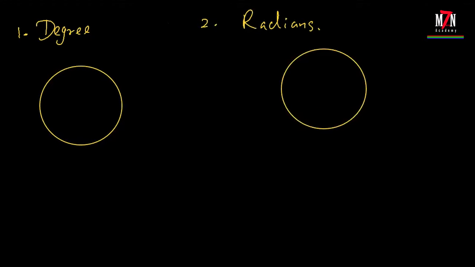When it comes to degree, one complete revolution is divided into 360 equal parts and each part is known as a degree. What does that mean? Here you have a circle and you can divide this circle into 360 equal parts from the center.